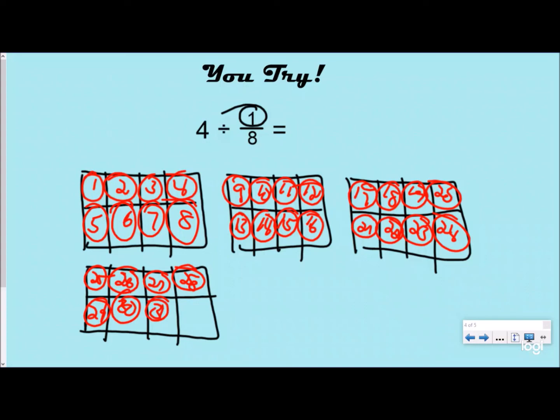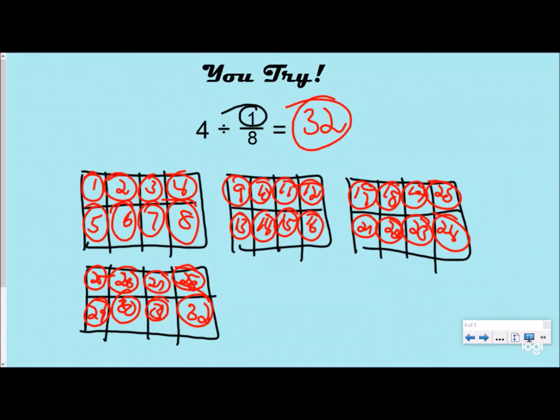It was hard talking that fast. And finally, 32 groups. So if I had 4 wholes and I was splitting them into groups, trying to figure out how many groups of 1/8 I could make, 4 divided by 1/8 actually equals 32.